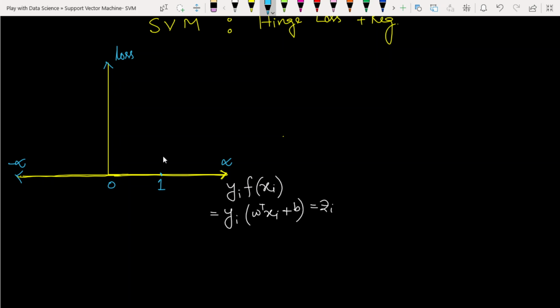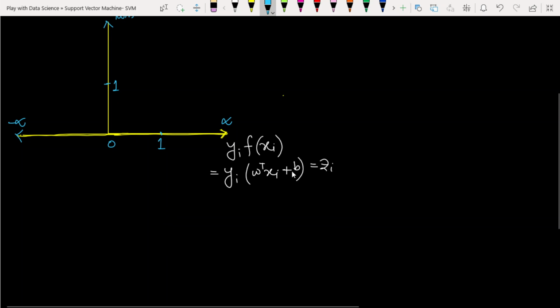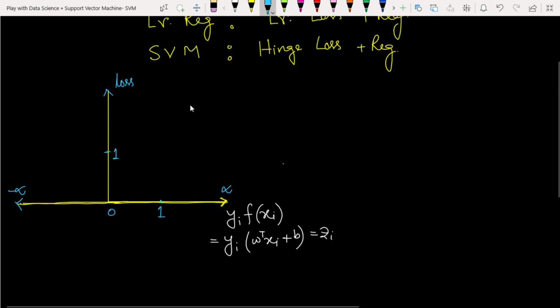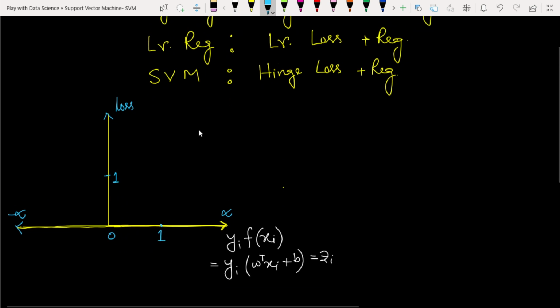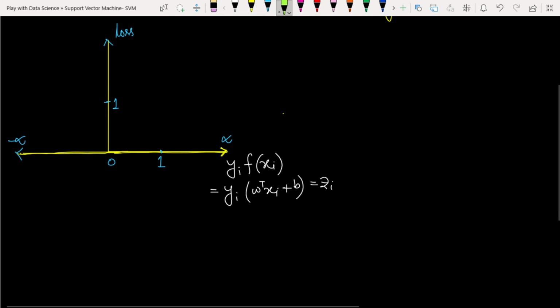If you see our geometrical intuition of the SVM as well as logistic regression, then you can easily see that if zeta, that is this multiplication, is greater than 0, then xi is correctly classified.